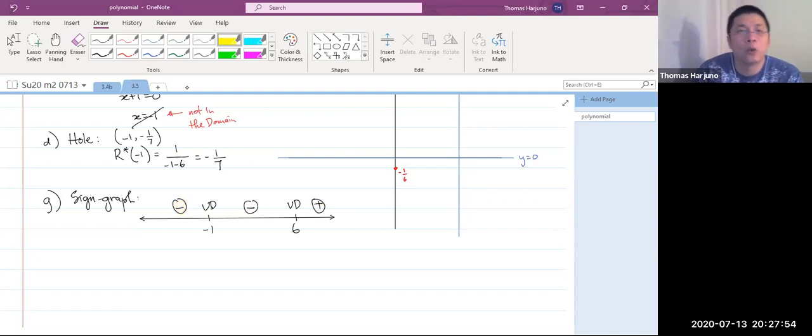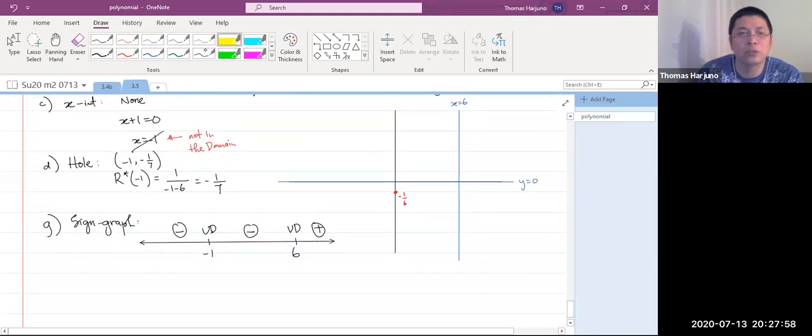Now, let's start. We know that the horizontal asymptote is y equals 0, which means when you come from very far on the left-hand side, you will come from the horizontal asymptote. But we don't know if it is above or below the horizontal asymptote.